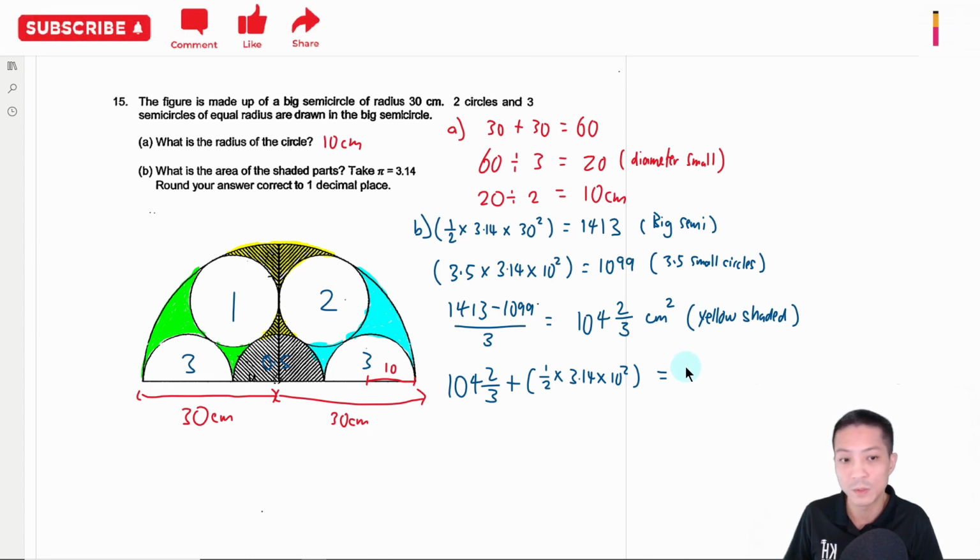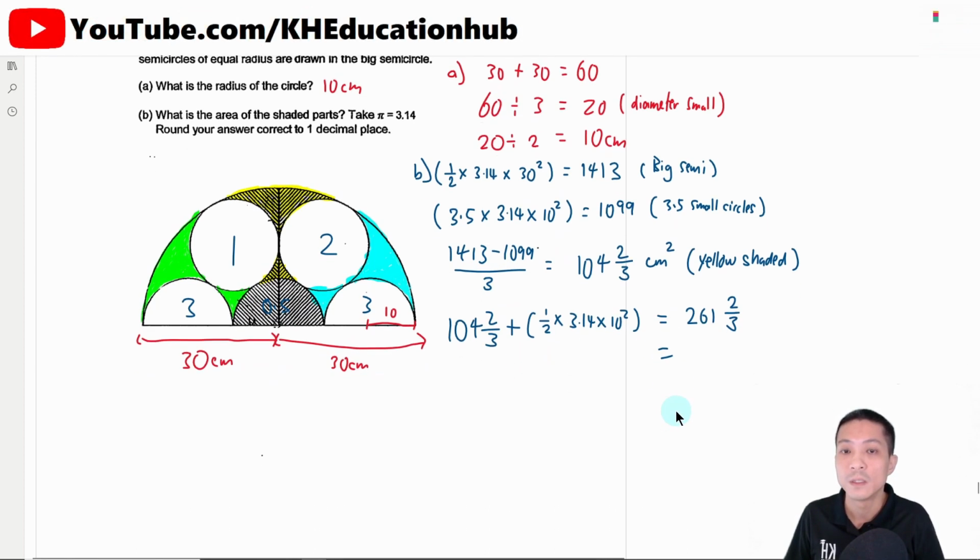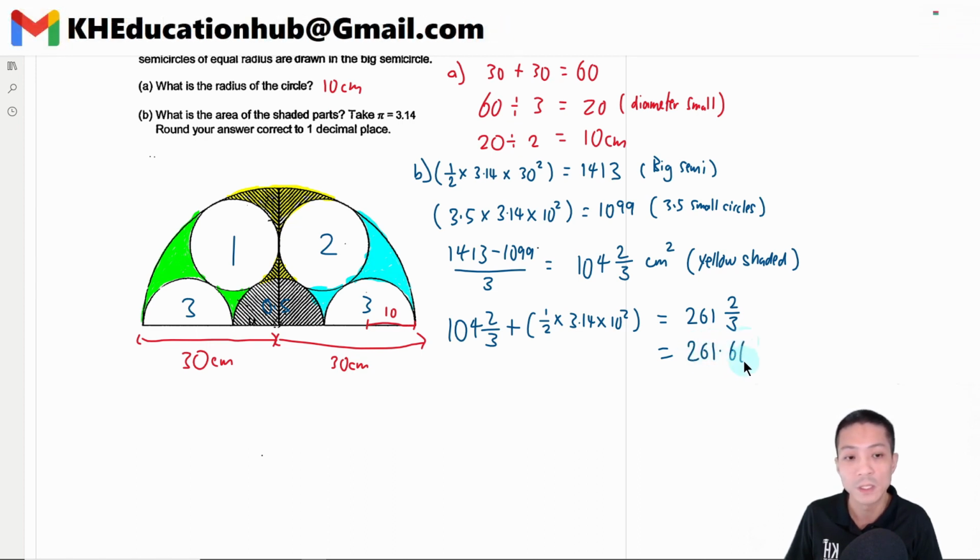So this will give me 261 and 2/3. I round it off to 1 decimal place. I'm going to change it back to decimal, so it's going to be 261.666 and so on. Round off to 1 decimal place, it'll be 261.7.